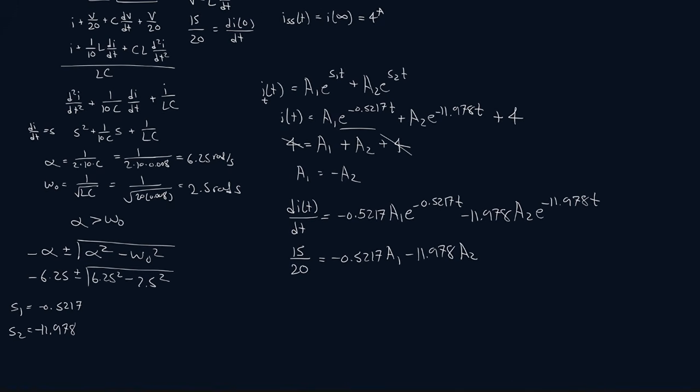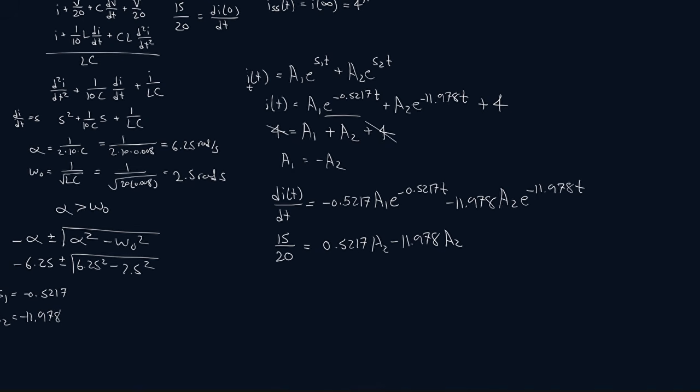Now you just plug in minus A2 here. The minuses cancel each other out. Let me see what that gives me. So 0.5217 minus 11.978. So 15 divided by 20 divided by all of that. You get A2 to be minus 0.06546, and that means A1 is the positive of that.